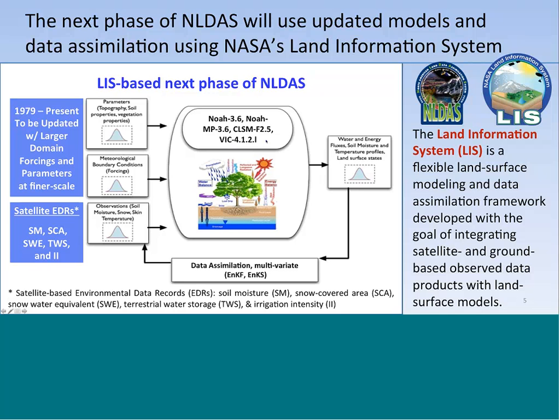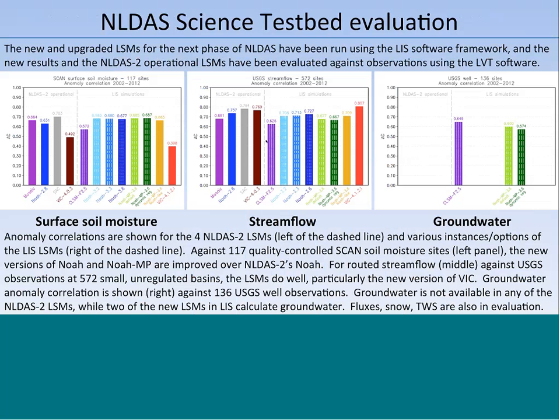And so what I'm going to talk about today are really these models and how they compare to the previous models. These results are from what we call the NLDAS Science Testbed. We've been evaluating the ability of these new models against the old models for different variables that we know are important for drought.